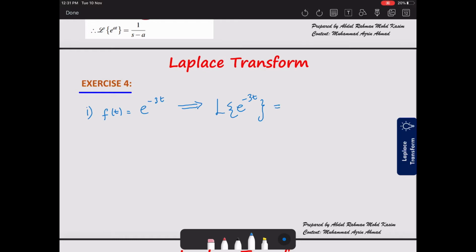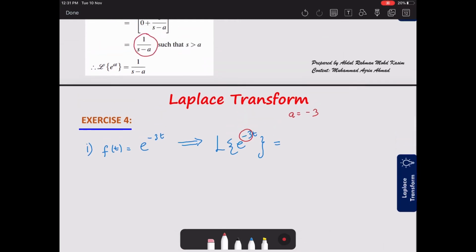And then look at here. The most important part, as I said to you, is you need to look at your a. So what is your a over here? Your a over here is negative 3.